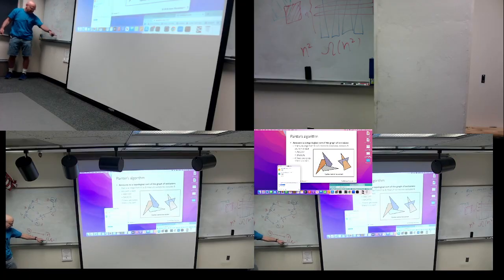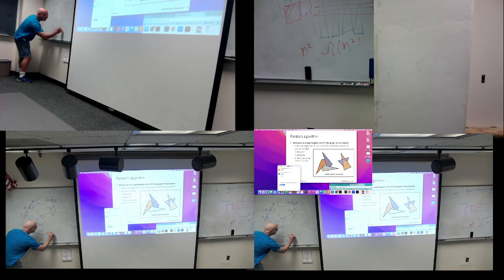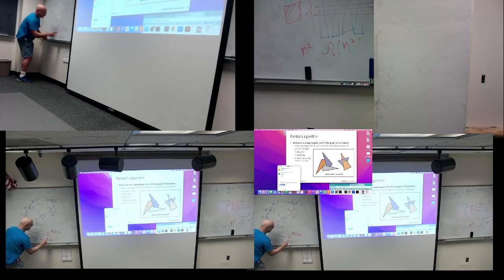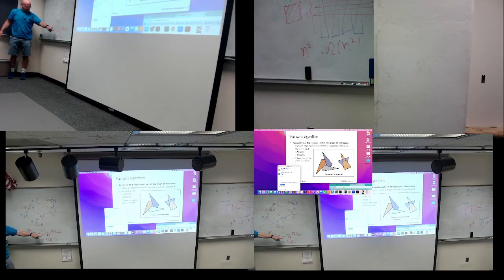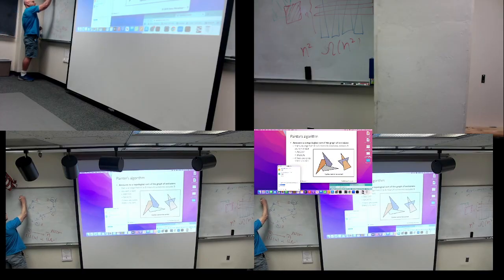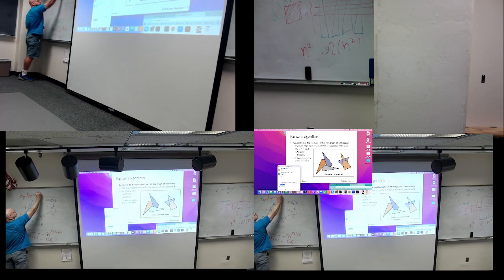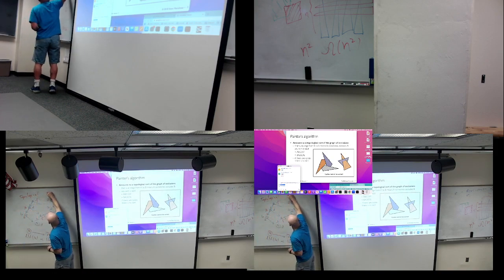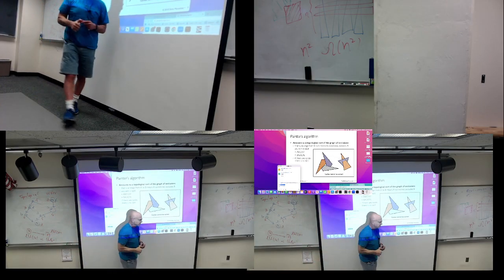I'll give a label to each node. It's unreadable handwriting. Label of U must be smaller than the label of V. And if I was able to give such labels to all the nodes, then I call it a topological sort.